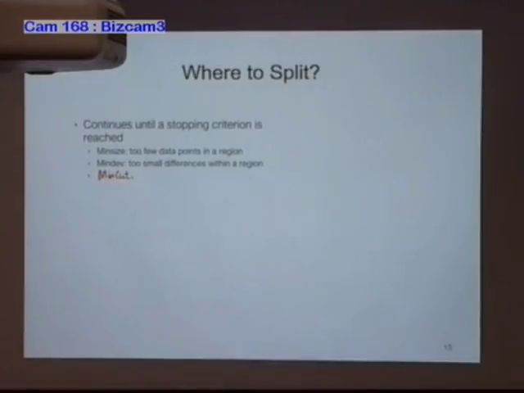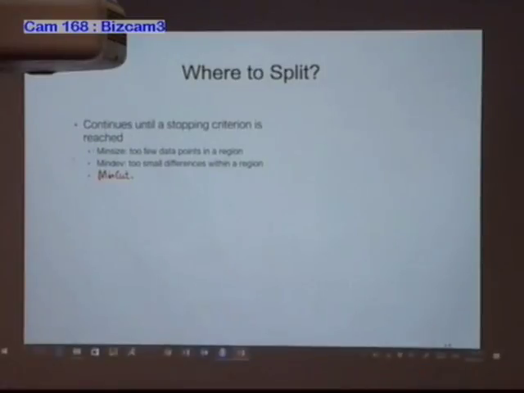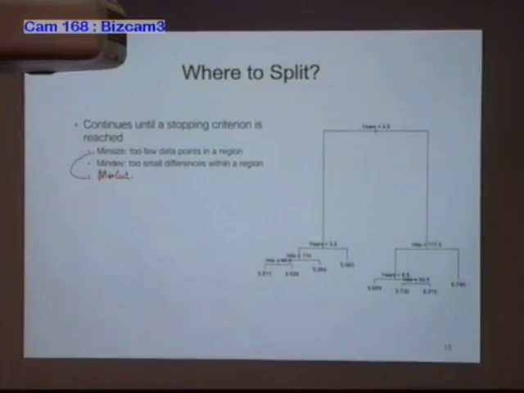Min cut is somewhat similar to min size in that sense. So min size sets a constraint on the parent node. You have a node, the parent. If the node is too small, you cannot have children. That's the story. The parent must be big enough.